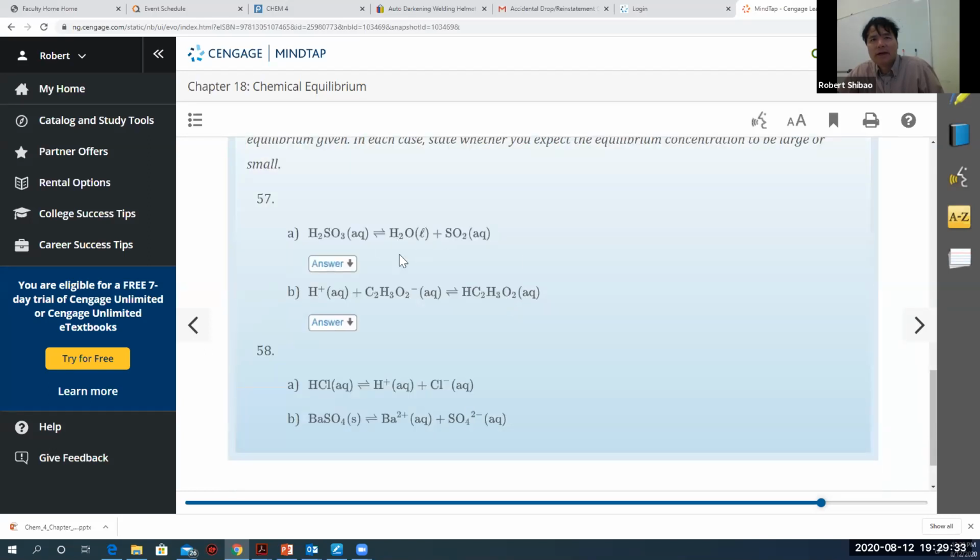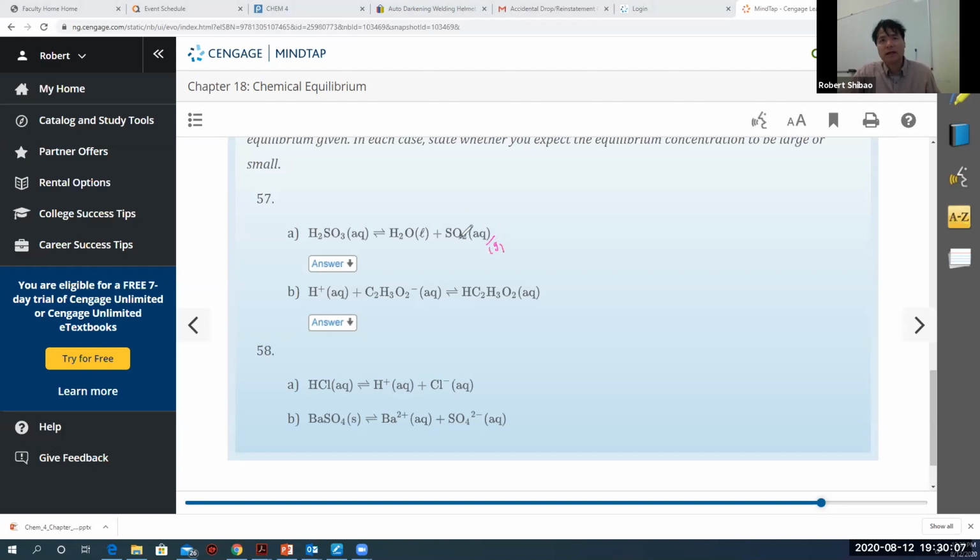So anyway, this is a kind of tricky one here. Basically here we're going from sulfurous acid to water and sulfur dioxide. So which one do you expect? Well, they're calling sulfur dioxide aqueous. I called it a gas. Sulfur dioxide is normally a gas, so some of this will come off, but it's polar, it has a bent geometry.